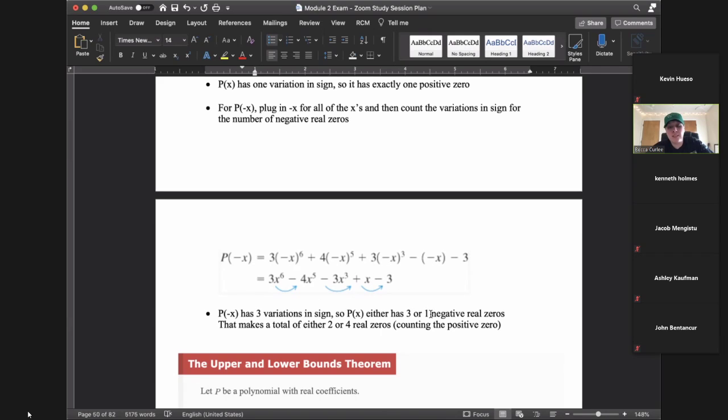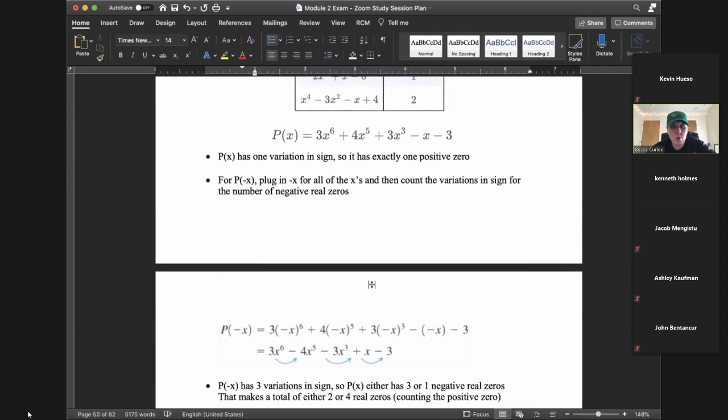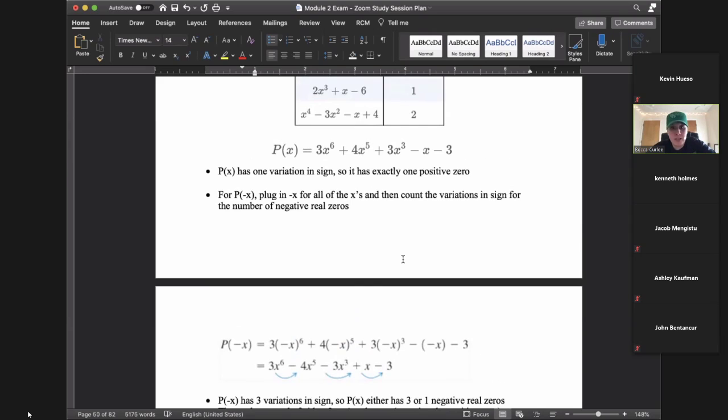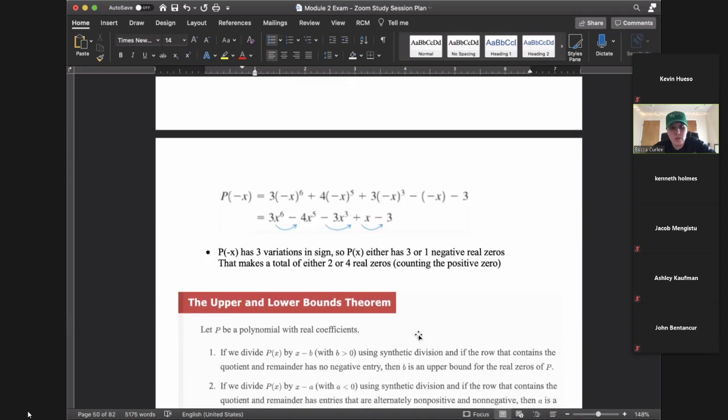So it can be less than that by 2. So it can be 3 or 1 negative real zeros. So that makes a total of either 2 or 4 real zeros, both positive and negative, because we had 1 positive zero from P of x, and we have either 3 or 1 negative real zeros, and we add 1 to that for the positive, then we have either 4 or 2 real zeros.